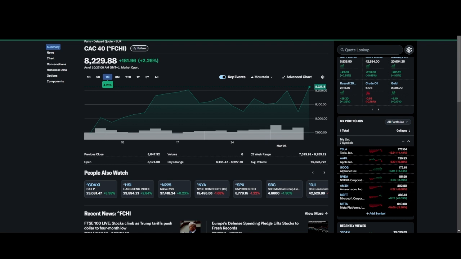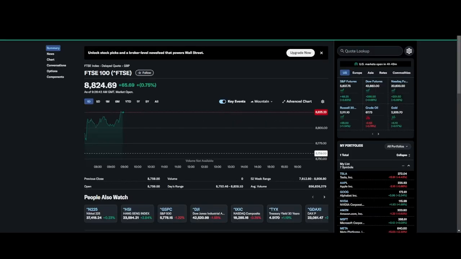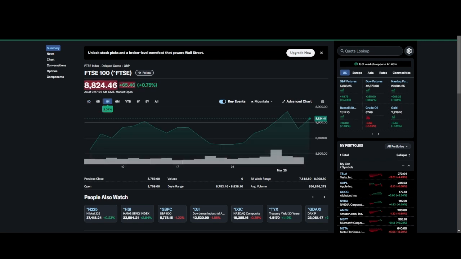So it seems there is some confidence in European stocks. Let's keep that in mind. Let's see, British is doing well too. So let's keep that in mind.